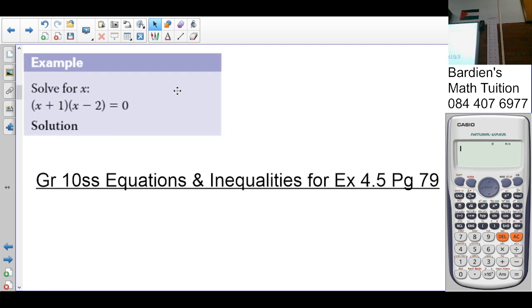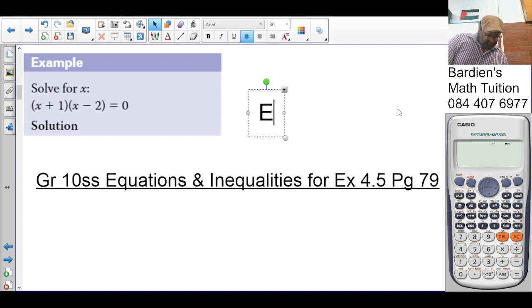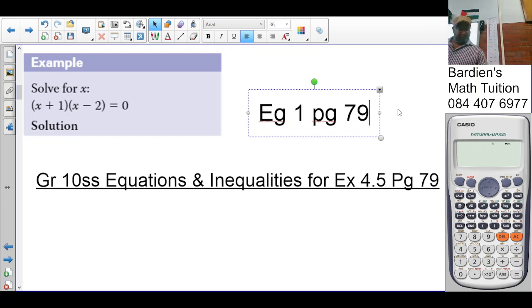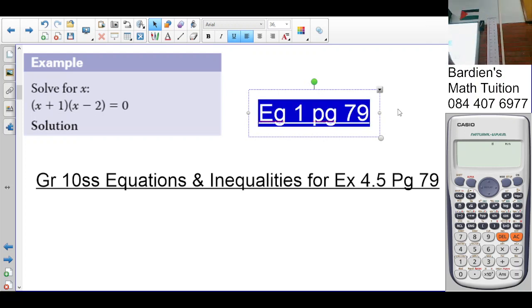Now I'm looking at example 1, and example 1 is on page 79.